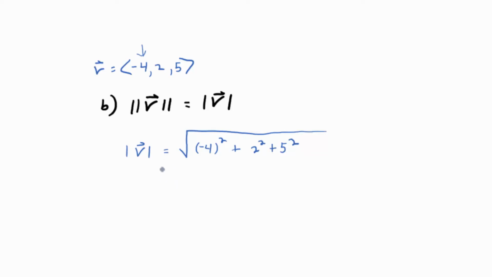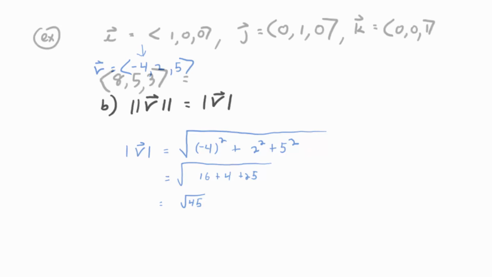So what is that? 16 plus 4 plus 25, square root of 45. I don't know if I can resist simplifying it. Can I resist it? Yeah, I can resist it. I know you guys can simplify that. I'm not going to waste time on it.